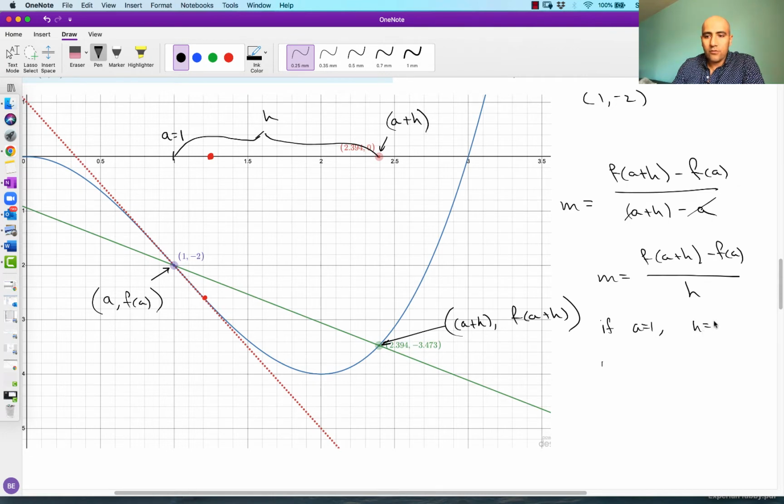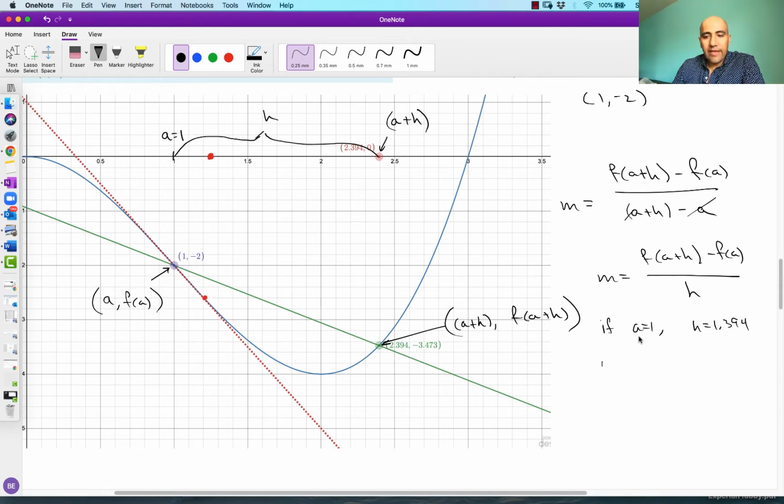So h equals 1.394. Then adding 1 plus 1.394 gets you to this input value. That leads to this value there, and then we can create that. So if we hold a and h to be specific constants, we can plug them into this little formula and it gives you the slope.